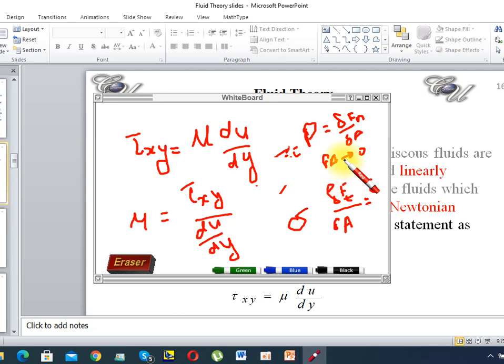So the force dimension is F equal to ma, so ma divided by area, which is L square. So the dimension of this will be the dimension of force divided by L square. From this you can derive the dimension of this term, viscosity, of this property.